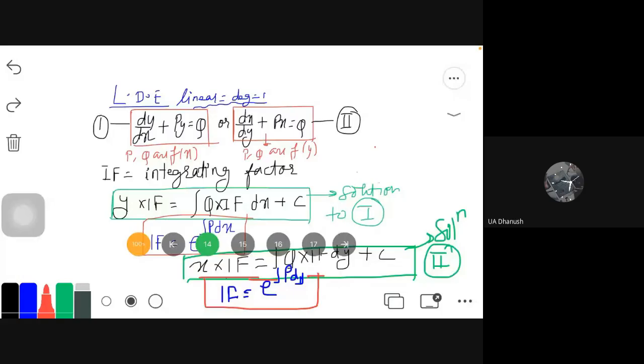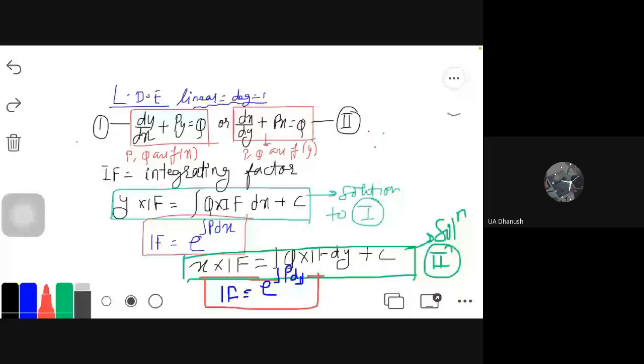We have very little time now. Hardly will I be able to solve any numerical in 5 minutes. So take a screenshot of this. When we start the next lecture, we'll complete linear differential equation, Bernoulli's equation, then exact differential equation.